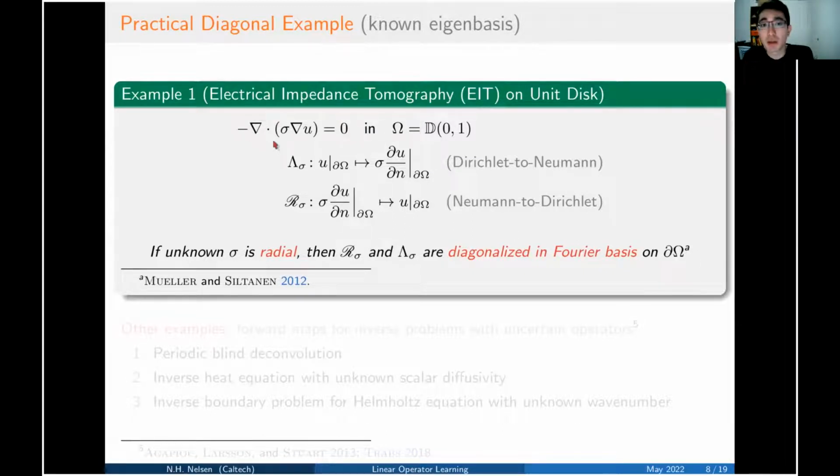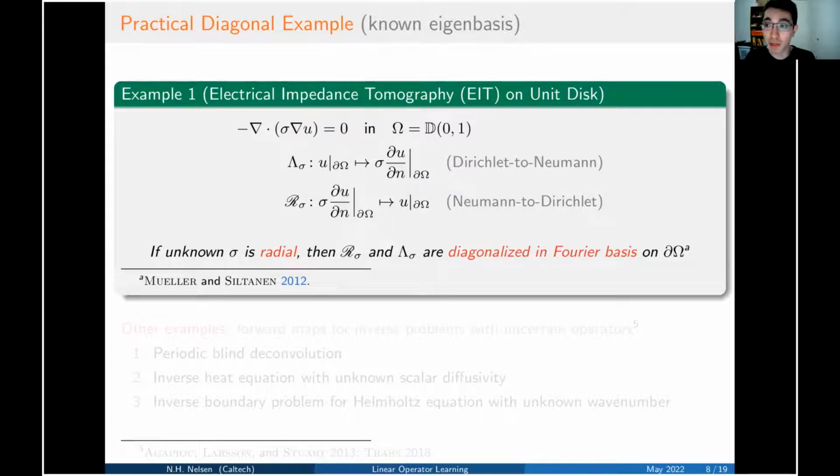You have an elliptic partial differential equation for an electrical potential field, U, and there's an unknown electrical conductivity field, sigma, that you want to recover. You're only allowed to make measurements of the potential on the boundary of this unit disk, and those boundary measurements are given by boundary operators: either a Dirichlet-to-Neumann map or a Neumann-to-Dirichlet map.